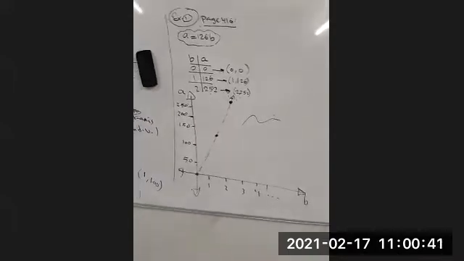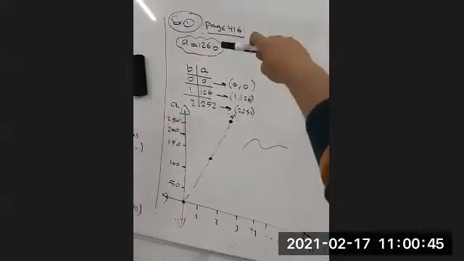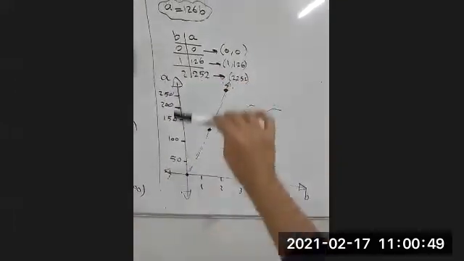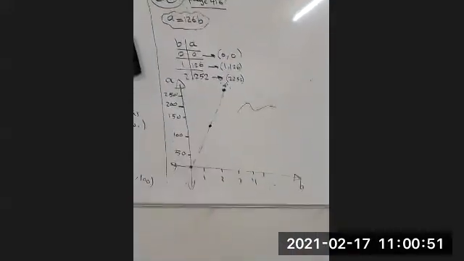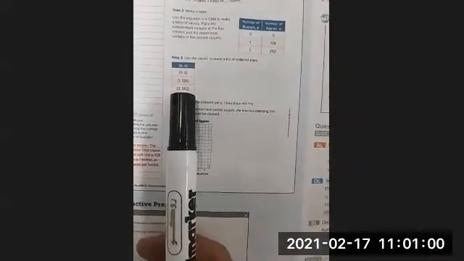Now what we have here, guys, we have 3 main parts for the question. The formula, the table and the ordered pairs, and here how we graph it. Now, if you go to your book, here you need to fill the ordered pairs, which we did: 0, 0, 1, 126, and 2, 252.